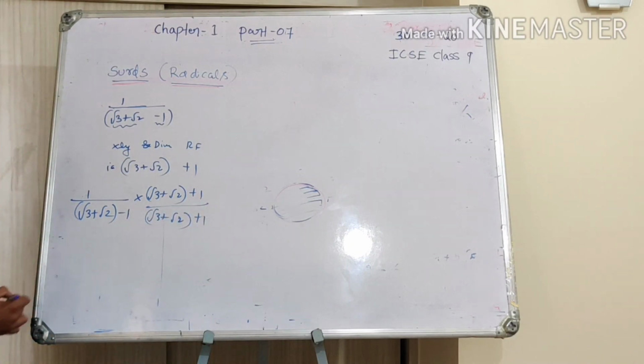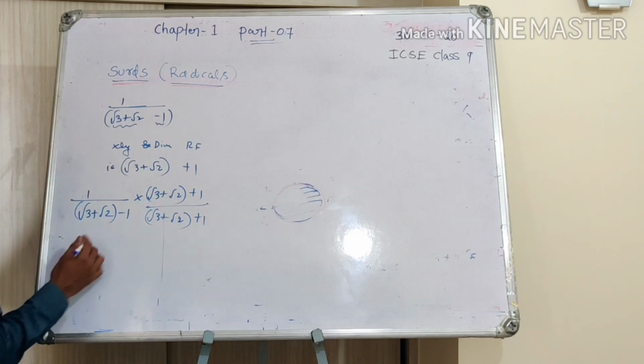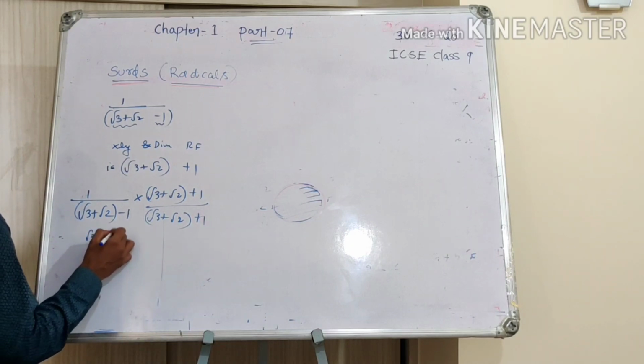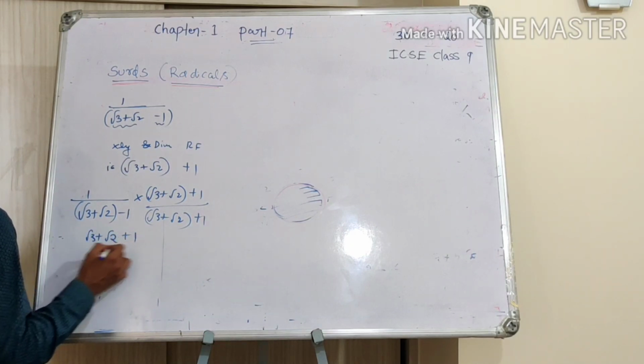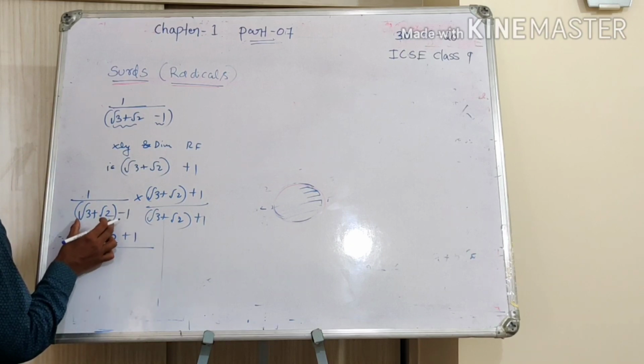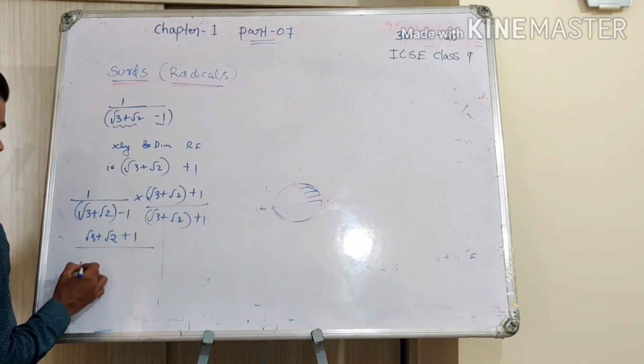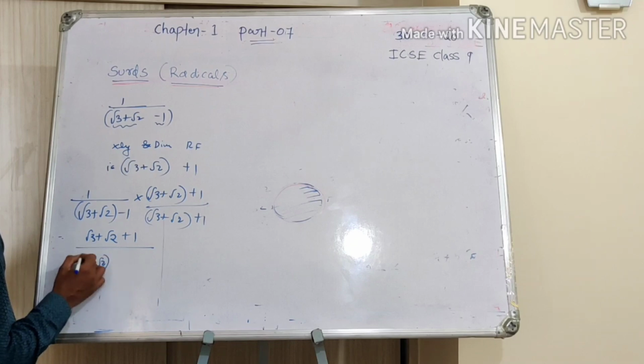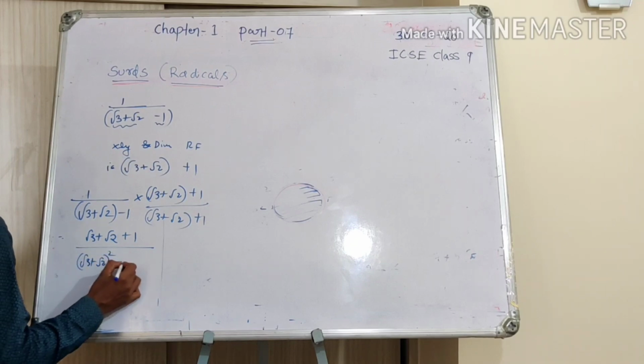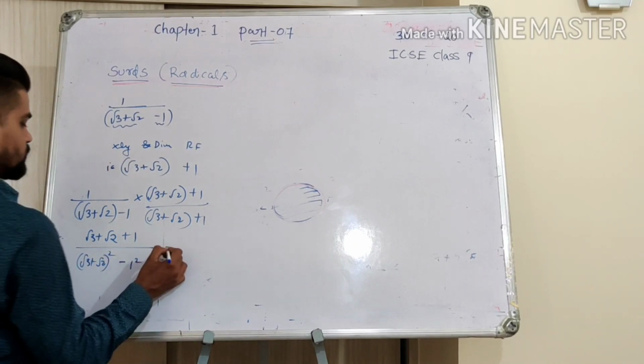Okay, it may not be one single process this time because we have 3 terms here. So numerator is going to be this divided by this a plus b, a minus b into a plus b will become root 3 plus root 2 whole square minus 1 square.